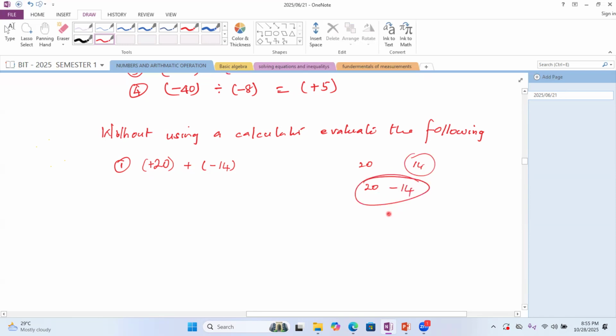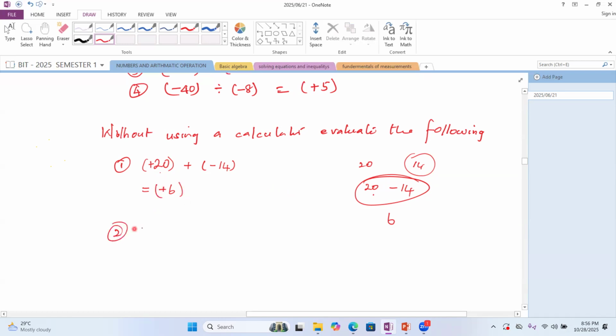That is 20 minus 14, that is 6. So we write the result 6. Now, identify the sign. The number with the higher value, 20, is positive.